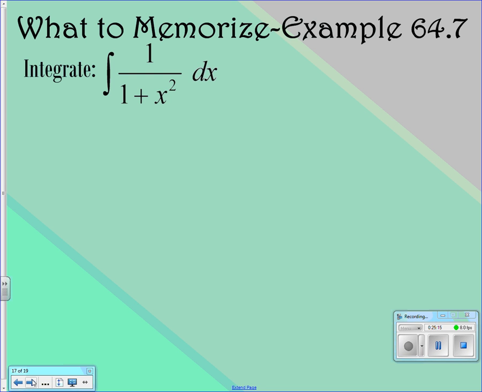If you look, you should see that that looks like tangent inverse. And so this integrates to be tangent inverse of x, and it's technically over 1 because our a is 1. But you really don't need that. That's just tangent inverse of x.